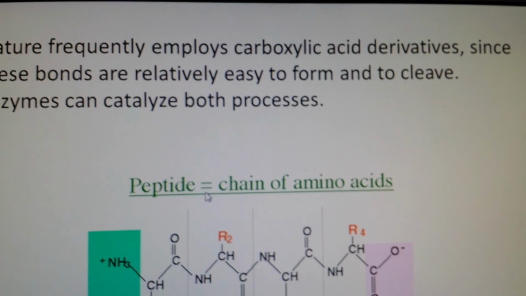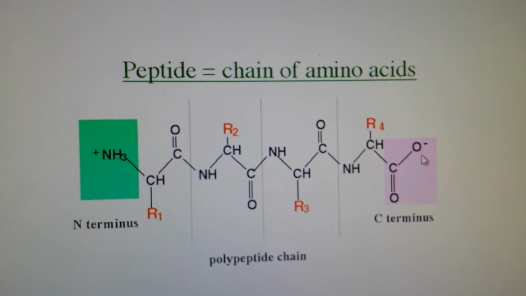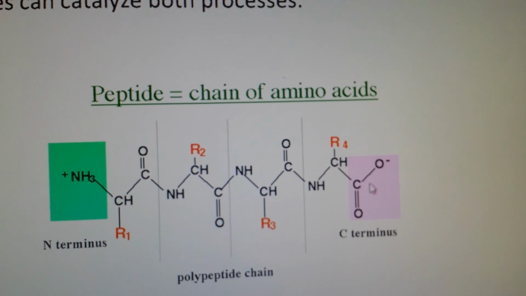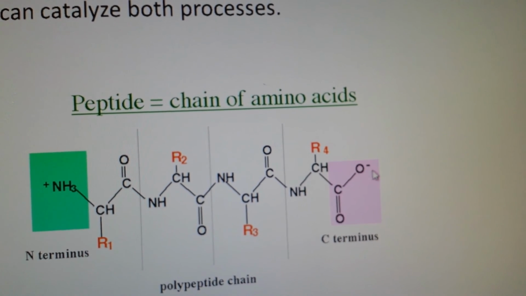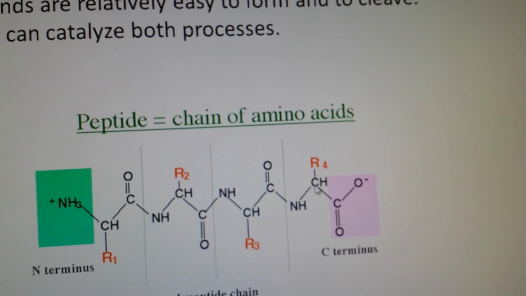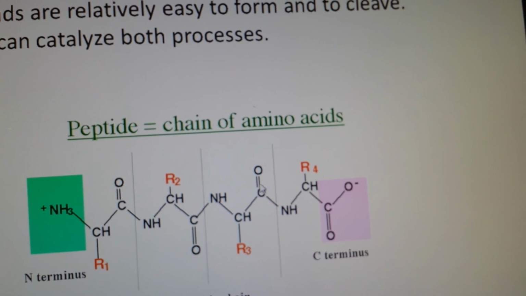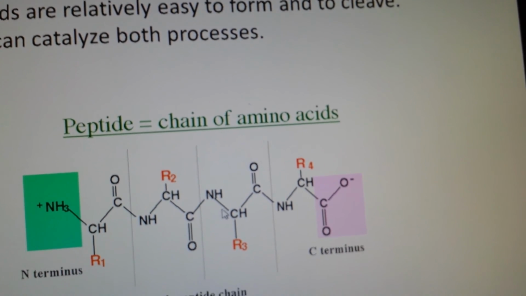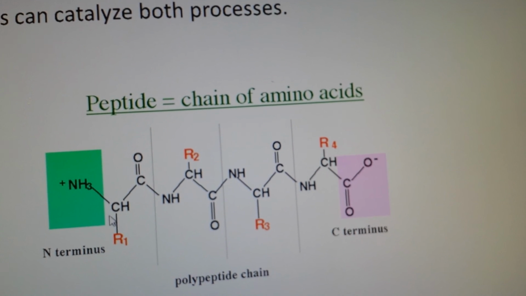Peptide, so this is a peptide chain of amino acids. What you see here is carboxylic acid, carbon, oxygen, O. This is not one proton because that proton has been deprotonated. Then you see CHR and then NH, one amino acid, and another carbonyl, CH and NH, another carbonyl, CH and NH, another carbonyl, CH.